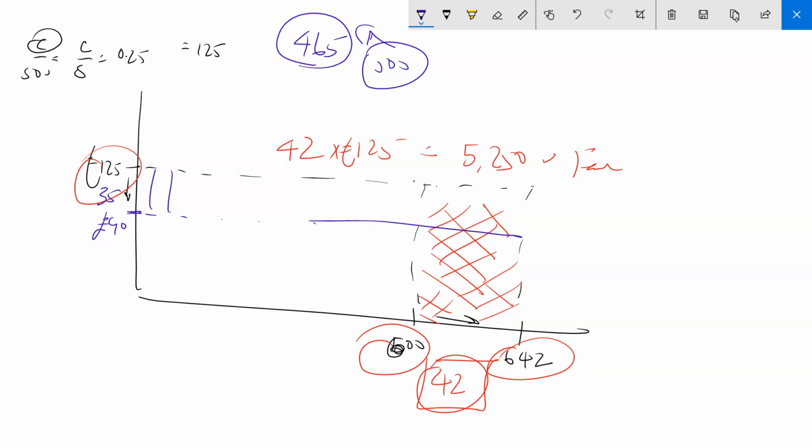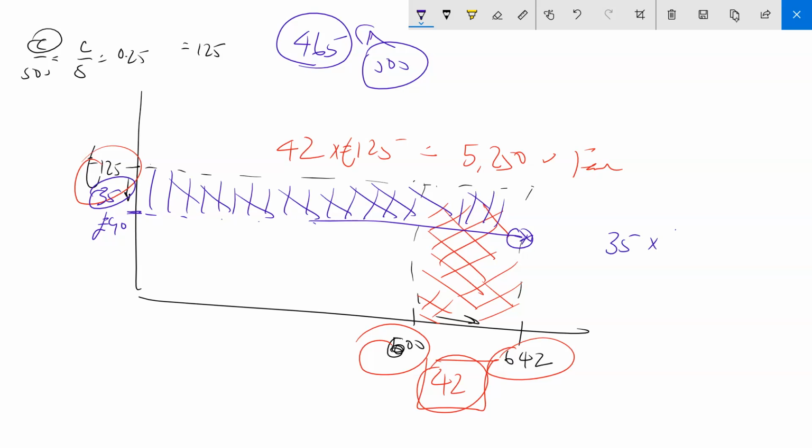So in effect, your price variance, which is your difference in contribution, is this bit over here. You have a fall of 35 right across all the units that you've sold. So you have 35 times 642, which takes you to a fall of 22,470 adverse.